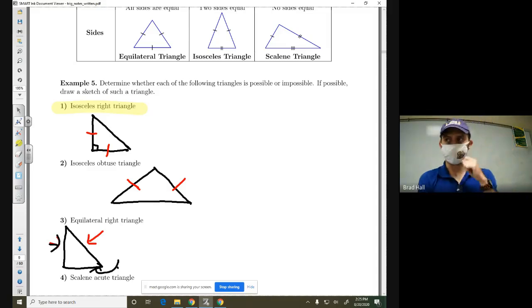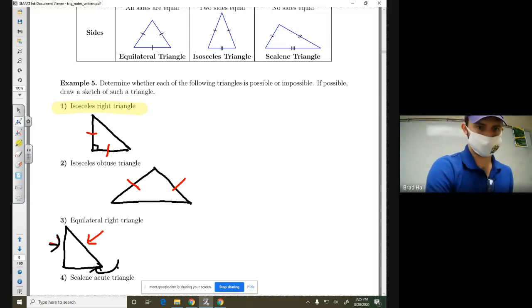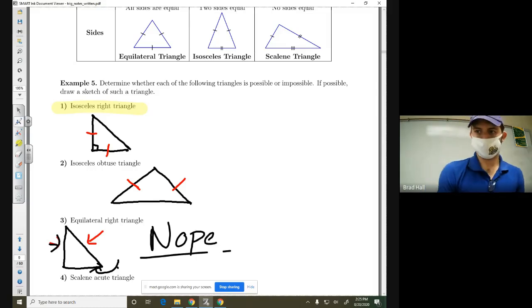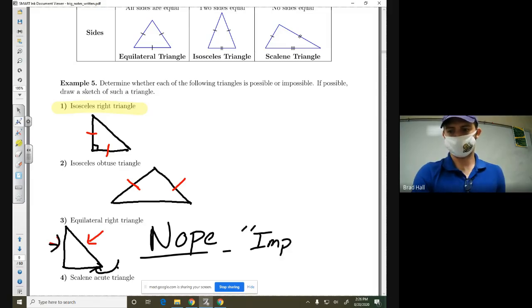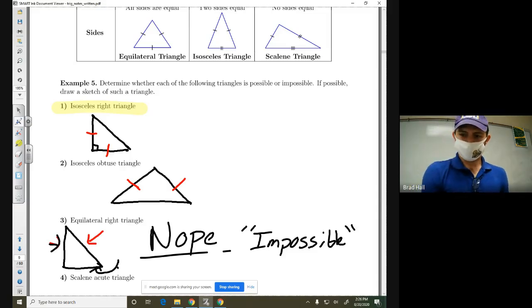The hypotenuse is always larger than the other legs. Again, we'll see that more. I mean, this is trig. We're going to see that way too many times. So this cannot happen. So, nope. Can't happen. Or I guess if you want to be technical, just say impossible.